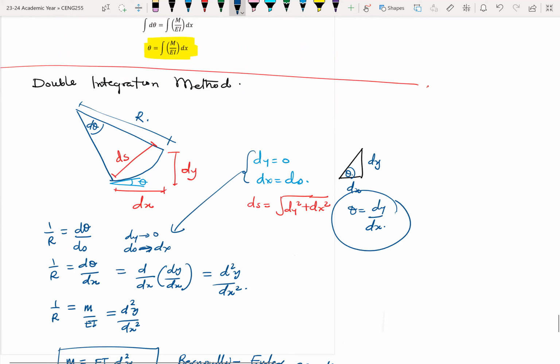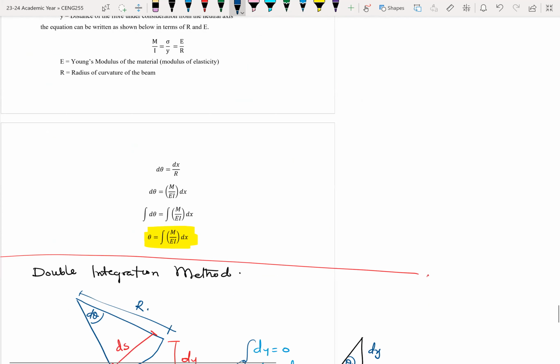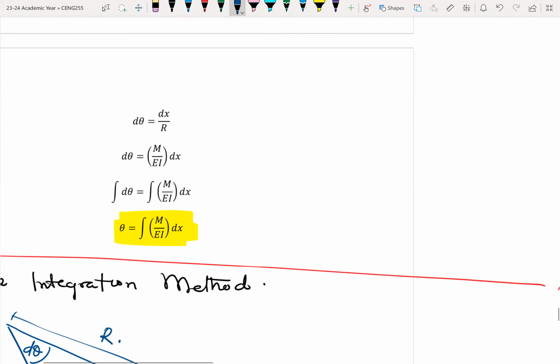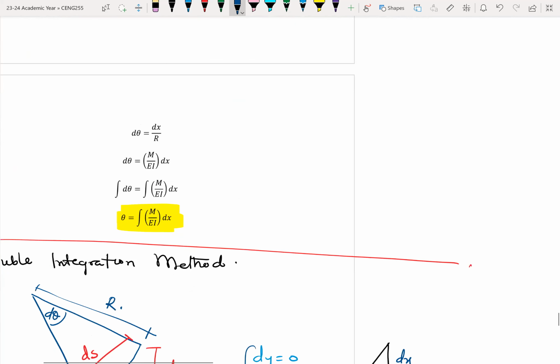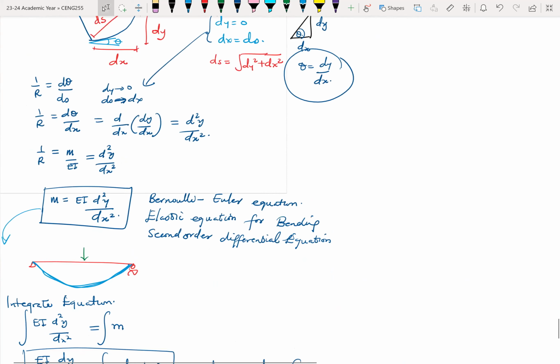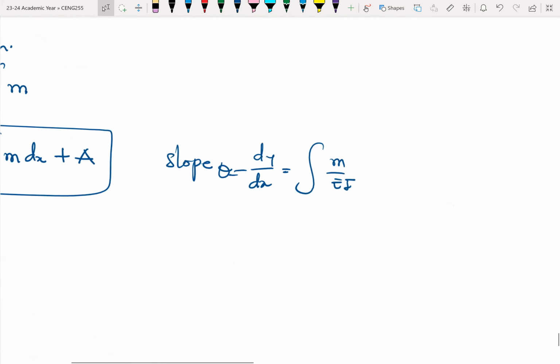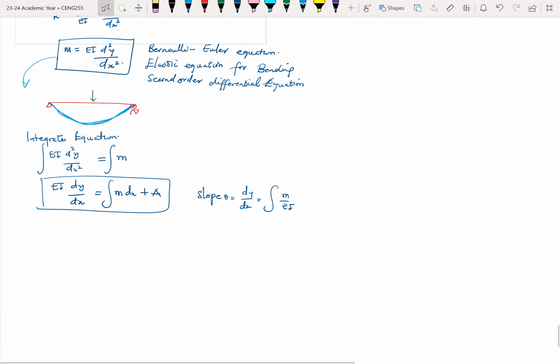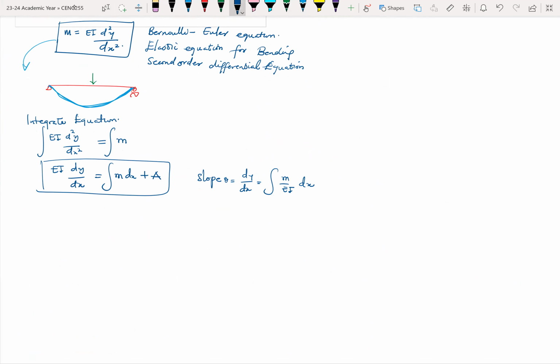If you go up here, somewhere, yeah, right in the space over here, where theta is equal to the integral of M over EI dx, and it's the same as what I have over here. So theta is equal to the integral of M over EI dx. Okay. So this is the slope.